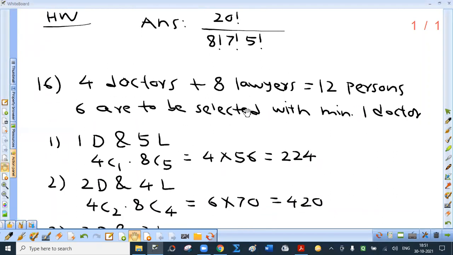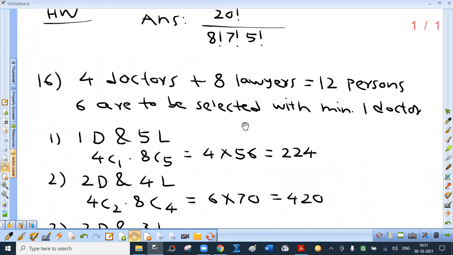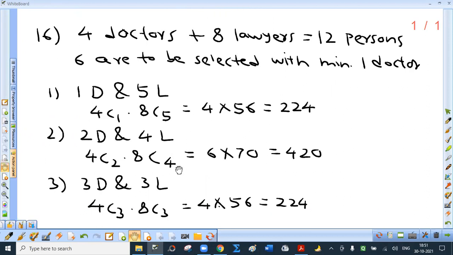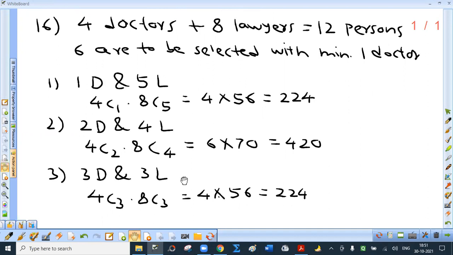But here I have used the logic that at least one doctor means how many possibilities? One doctor and 5 lawyers, because in all 6 are to be selected. So number of ways 4C1 into 8C5, that is 224. 2 doctors and 4 lawyers. So 4C2 into 8C4, 6 into 70, that is 420. 3 doctors and 3 lawyers.